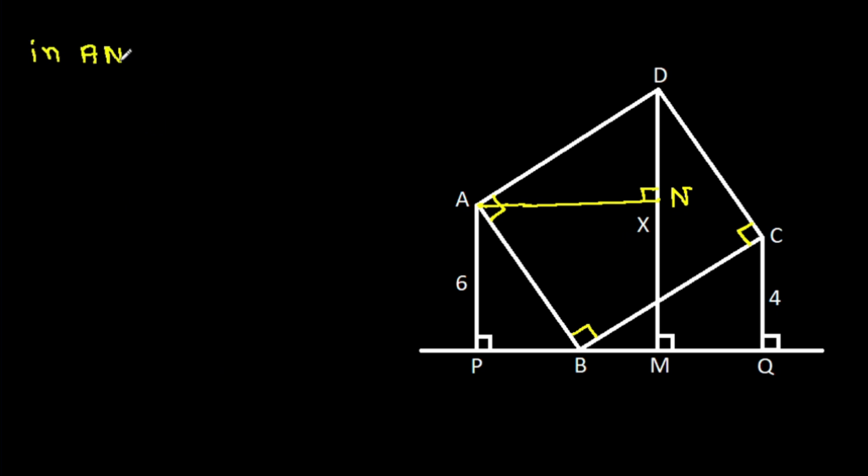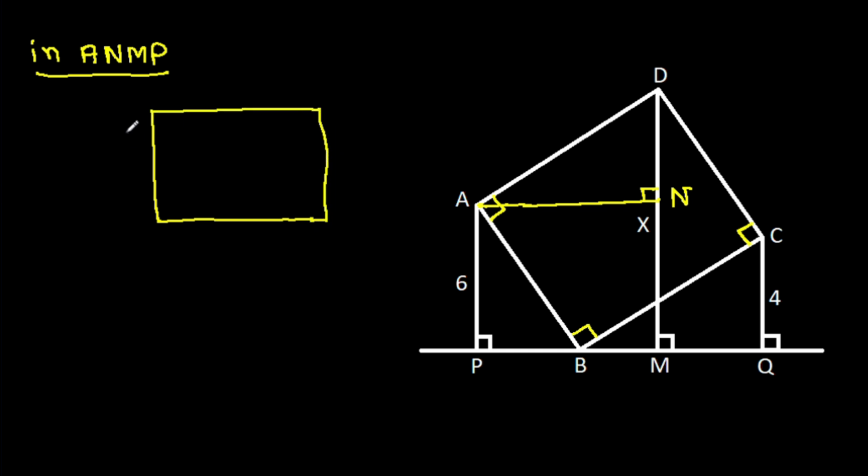in ANMP, it is A, N, M, P. These three angles are 90 degrees. So this angle will also be 90 degrees.